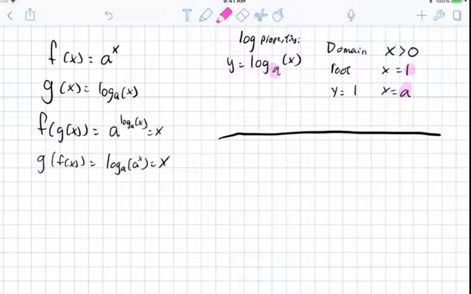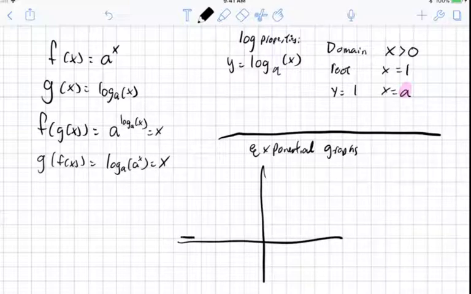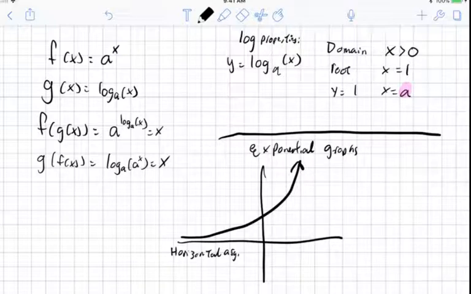Now, in addition to that, we had exponential graphs. Exponential graphs were shaped like this. What were the properties? There was a horizontal asymptote. It gets bigger over here.